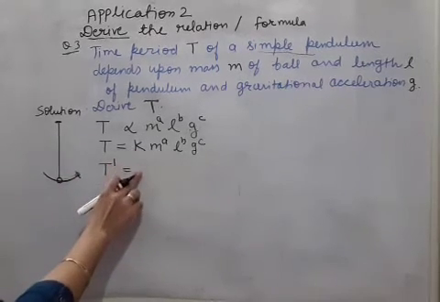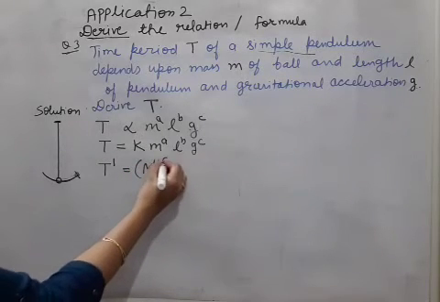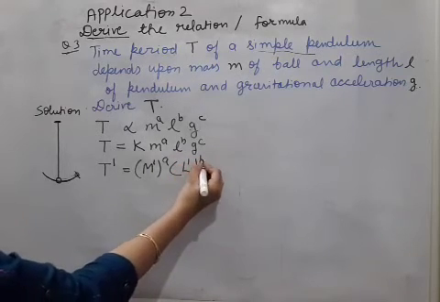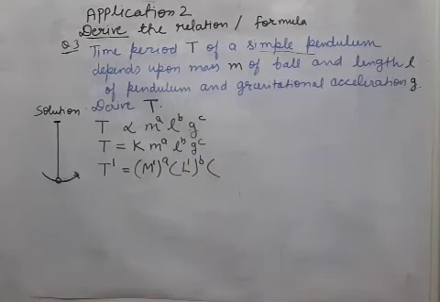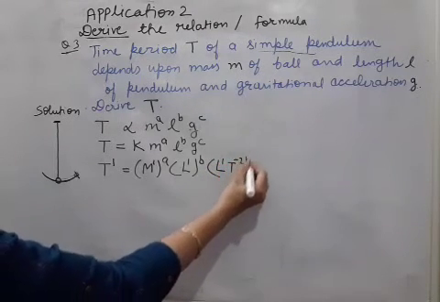Next, K is ignored, constant. M is mass, so M1 power a. L is length of pendulum, so L1 power b. g is gravitational acceleration. Its answer is always L1 T minus 2 power c.